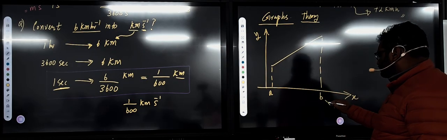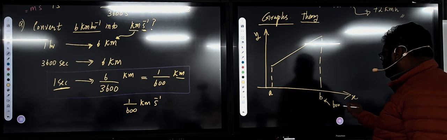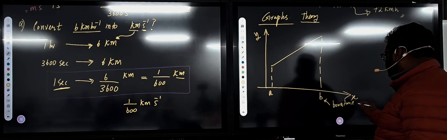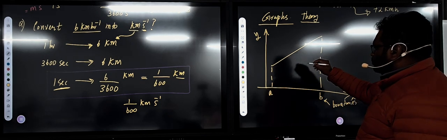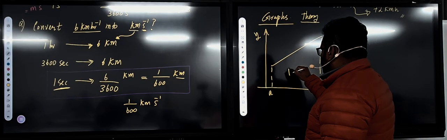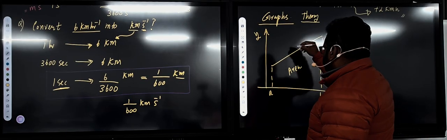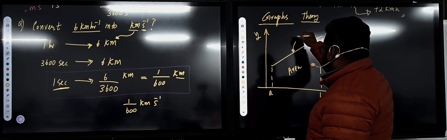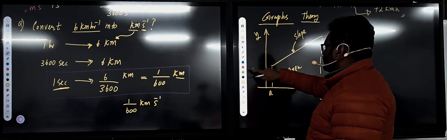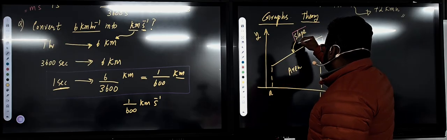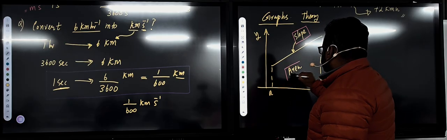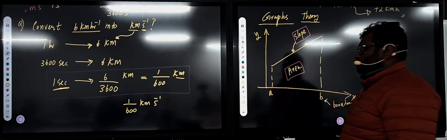These are called boundaries. So what we can observe is area and the slope of this line. These are the two things you are going to extract from a graph.